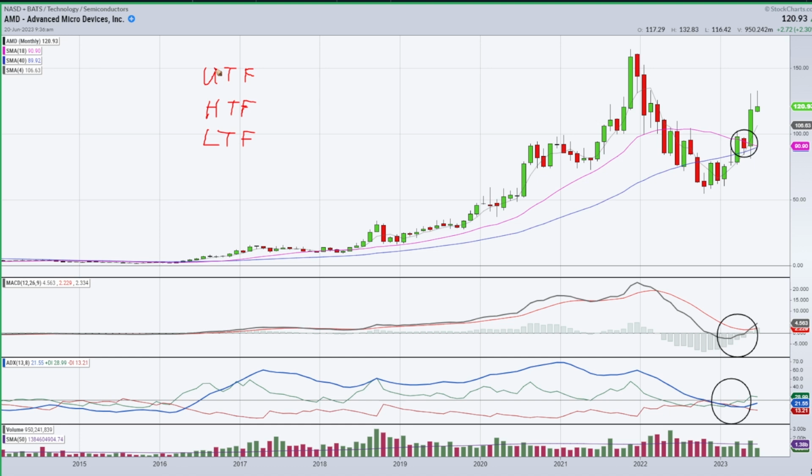I don't know if this makes sense, but high time frame, low time frame: the majority of what you're doing when trading multiple time frames should be these 2 time frames. You want to look up, which is what we're going to do here on the monthly, just to make sure you're not doing anything that flies right in the face of big problems.